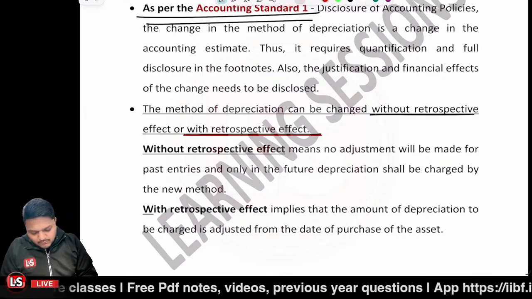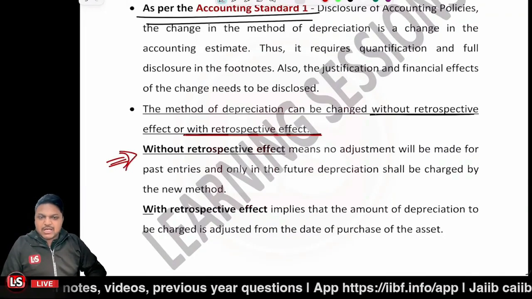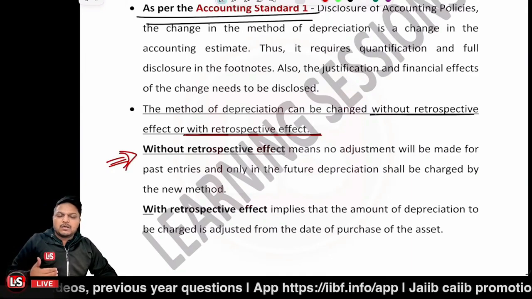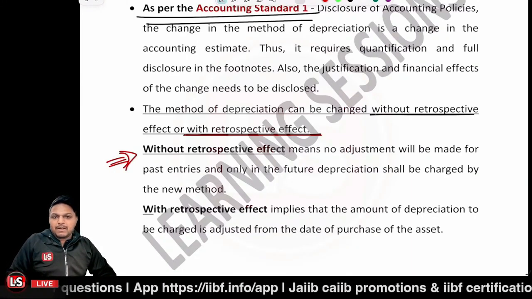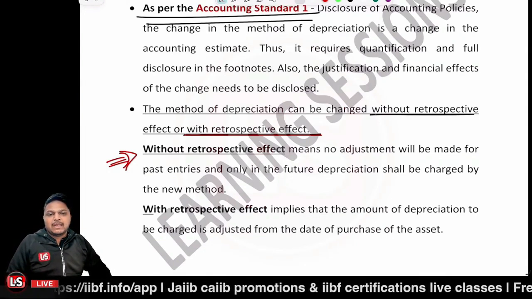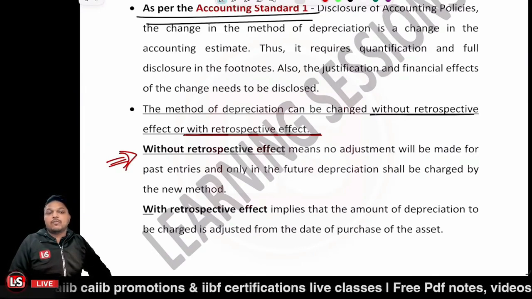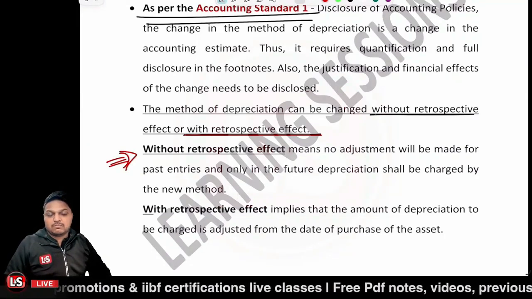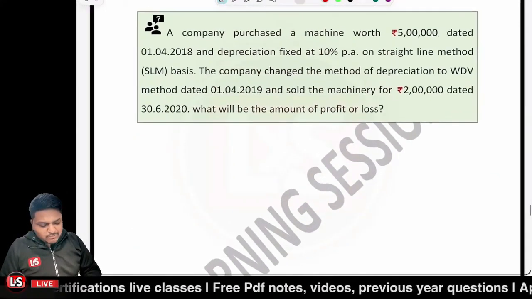So if we are talking about without retrospective effect, we are concerned about charging the depreciation from the current entries only, not related to the past entries. But in case we are doing the depreciation changes with retrospective effect, in that particular scenario, the amount of depreciation is to be adjusted from the date of purchase of the asset. Is that clear? Now let's have a look at this numerical problem.